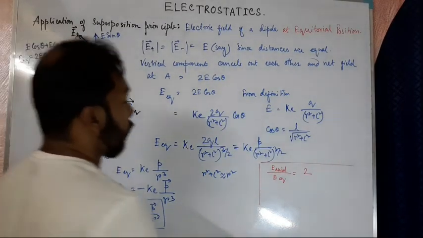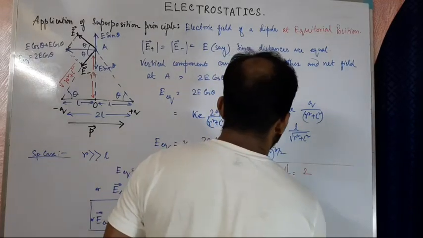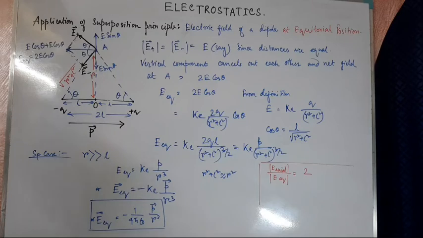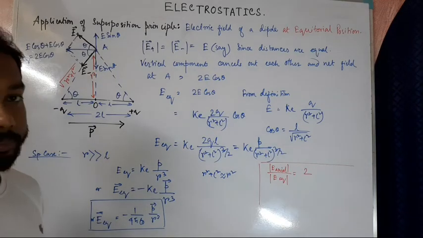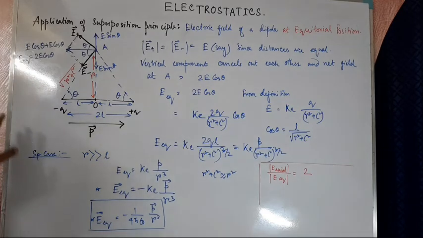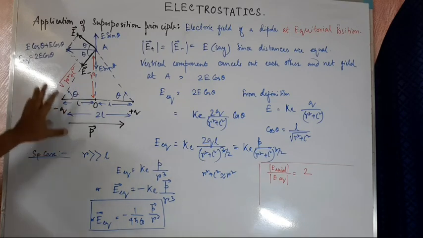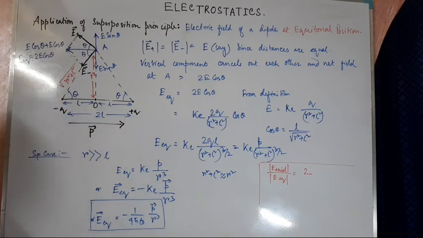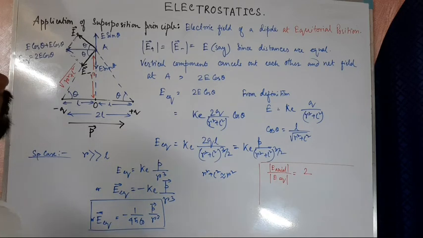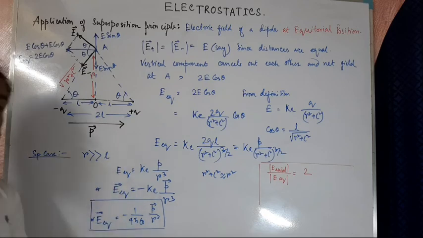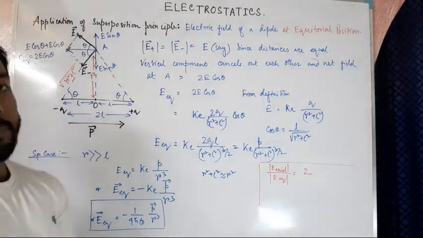So the magnitude of E axial is twice that of the equatorial one, and the direction is opposite to each other. So this is all about the application of the superposition principle, which we have applied on dipoles to find the electric field intensity at the axial position and the equatorial position.